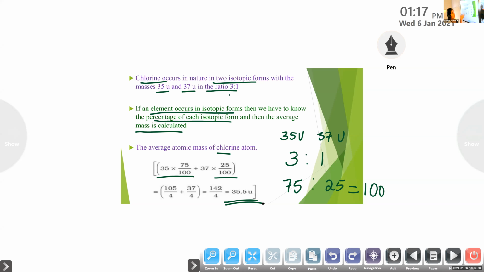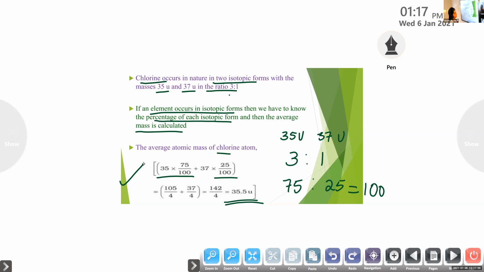So this chlorine atom exists in nature in two isotopic forms. First one is 35U atomic mass, then the next one is 37U. Then we have to calculate the average mass of this chlorine atom by combining these two in the form of this equation. After this calculation, we will obtain this average mass of chlorine atom.